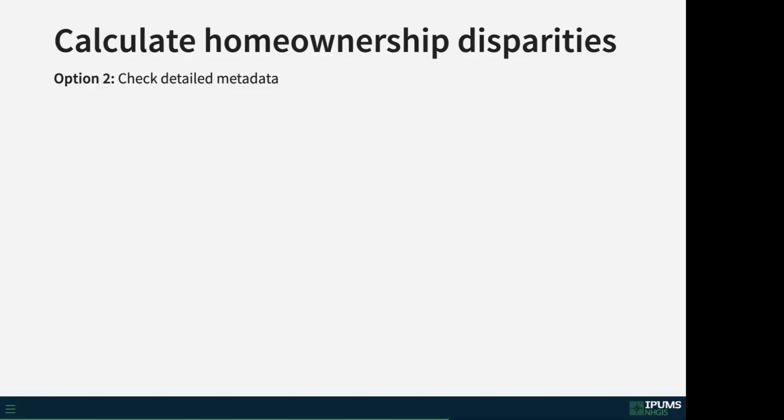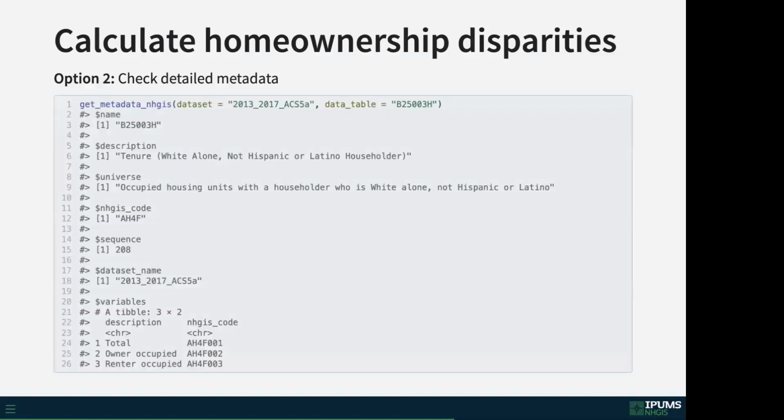That's why the more robust option would be to go back to the same functions that I introduced at the beginning and use the metadata that we provide to look at the contents of a particular data table. So here we can run, again, the same function, get_metadata_nhgis, but if we specify a particular data set and data table, then we'll see all the information about the variables included for that data table.